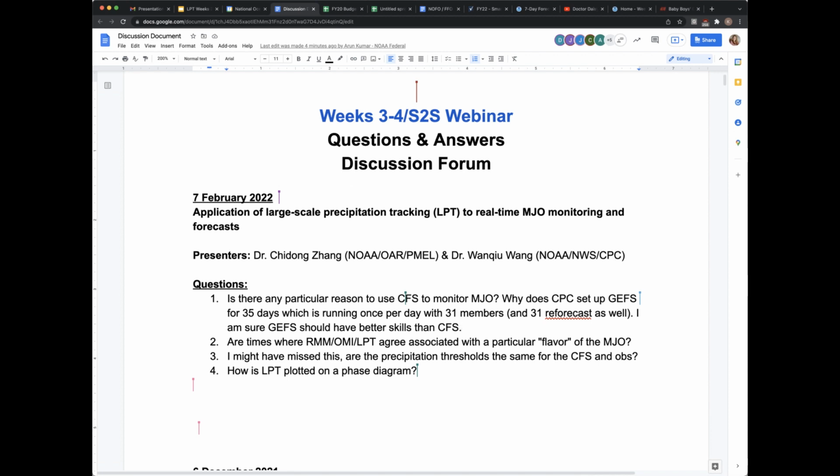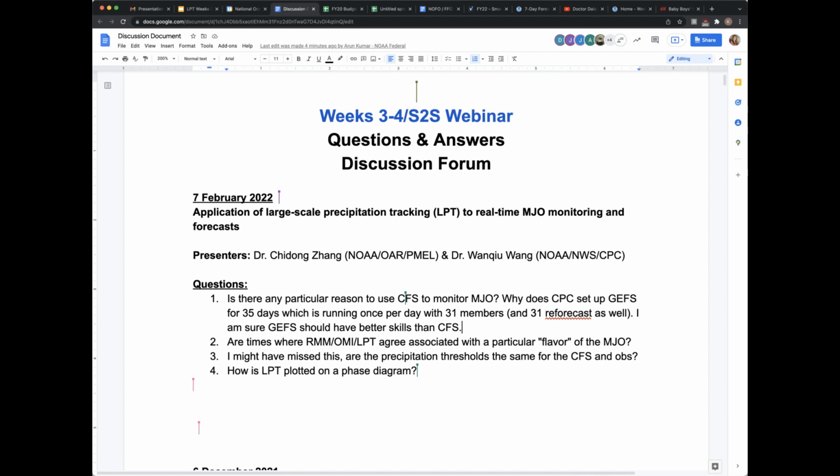So it's still not well established values. That is why we did a lot of tests. The best way is probably to do bias correction first. In this case, there's a reason why the threshold should not be the same between models and observations, because a model has systematic bias in precipitation. If a model systematically produces more precipitation, you can imagine the tracking will give you different results if you use the same threshold, right?